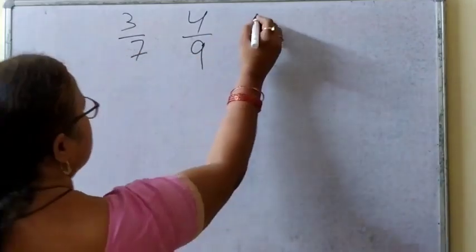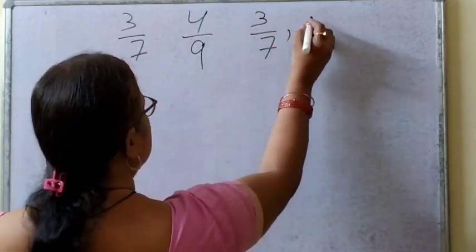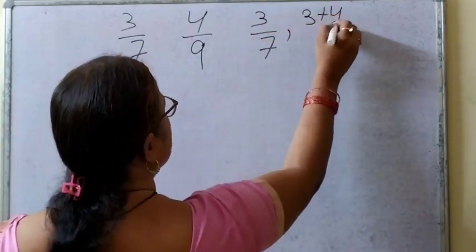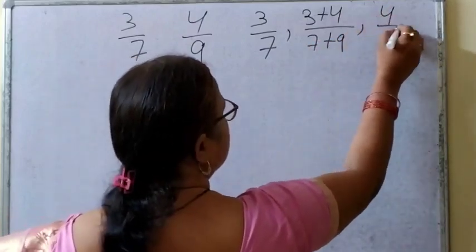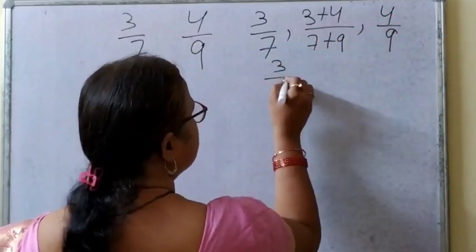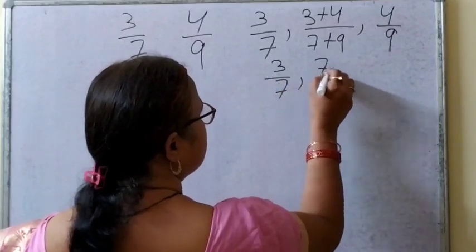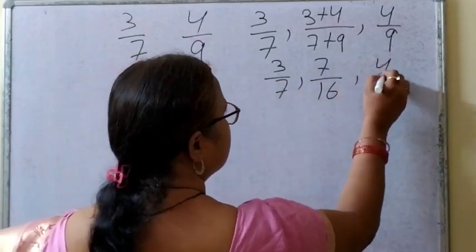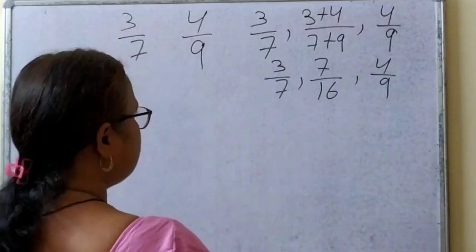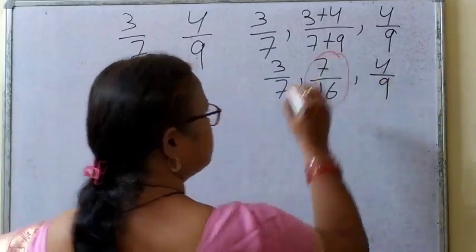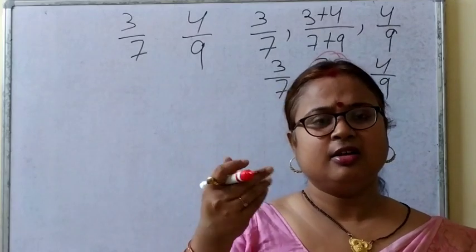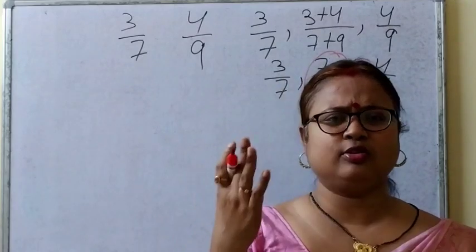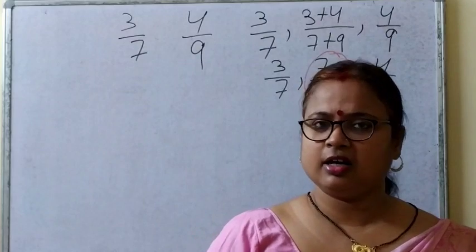So 3 by 7, then 3 plus 4 and 7 plus 9, then 4 by 9. So 3 by 7, then 7 by 16, and then 4 by 9. So here this 7 by 16 is the answer. So fast you can do the process and solve it. Even in your mind you can solve and give the answer.